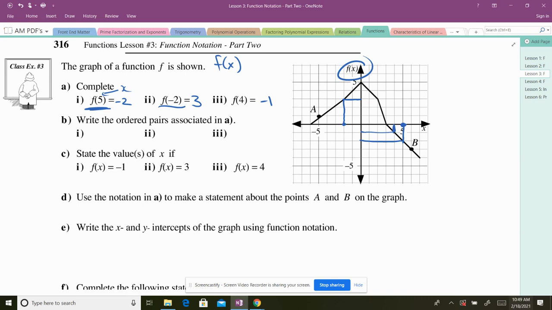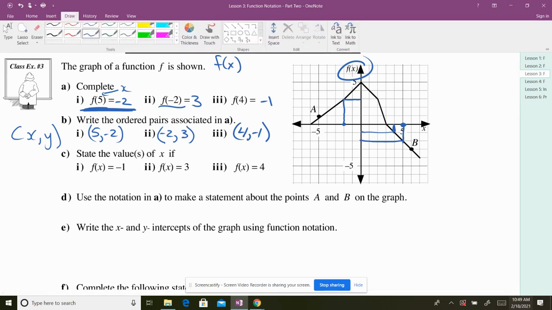All right, so what's the ordered pair for this first one here? Remember, ordered pairs are always x, y. 5 and -2. And the second one, -2 and 3. And the final one, 4 and -1. Okay.